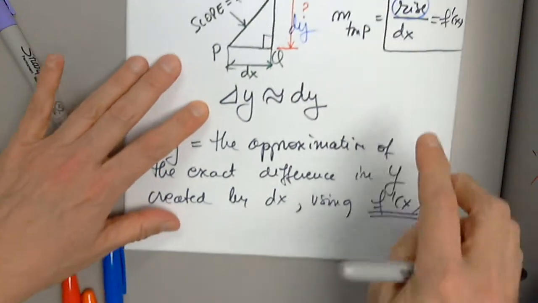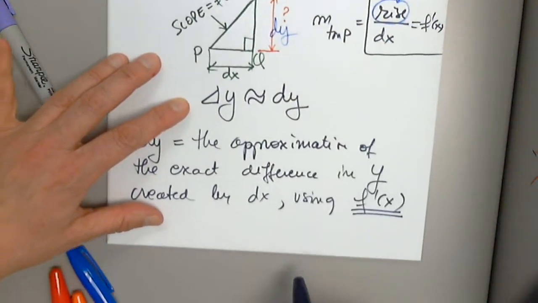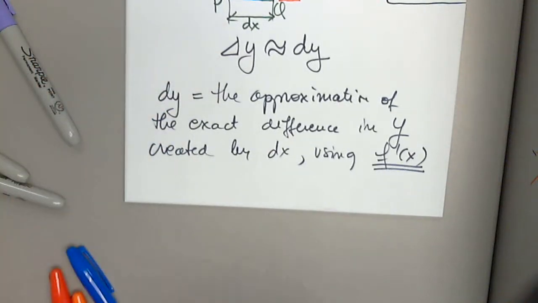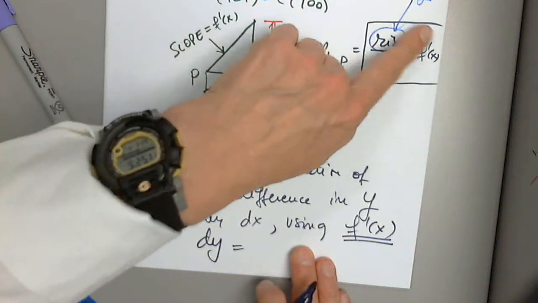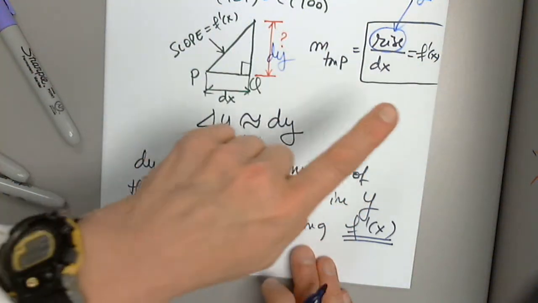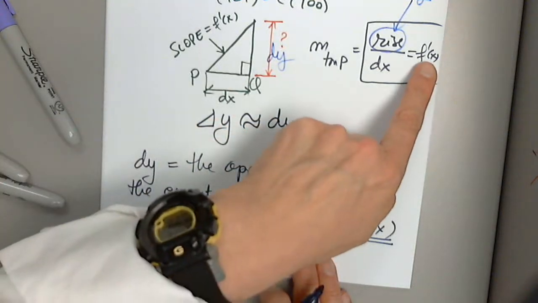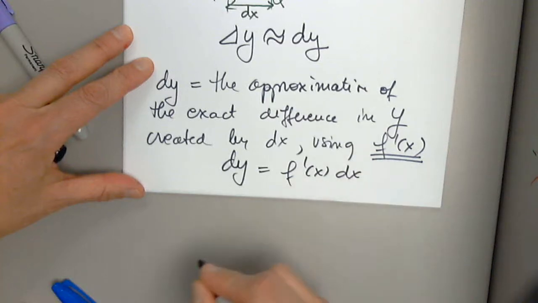Can anyone give us from here? Can anyone solve this equation for dy? So then dy equals, say it again. Yes, it's perfect, but we write f prime of x dx. F prime of x dx.